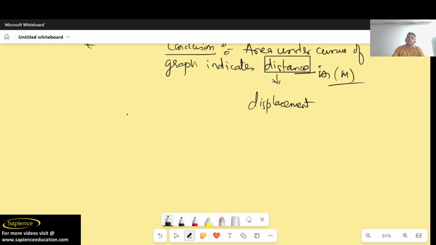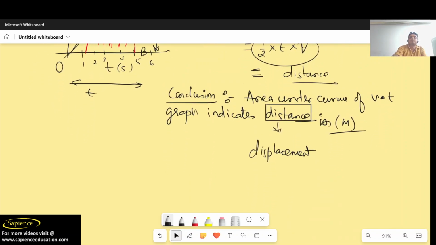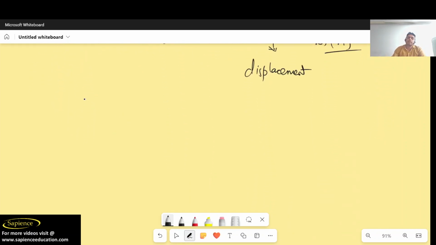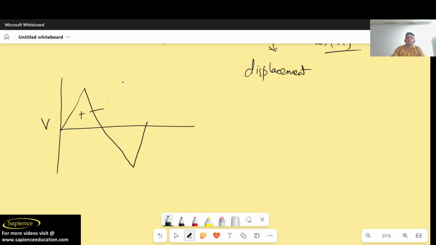For displacement, see here, one situation may occur. Suppose a velocity time graph is like this. This is your positive displacement, and this is your negative displacement.